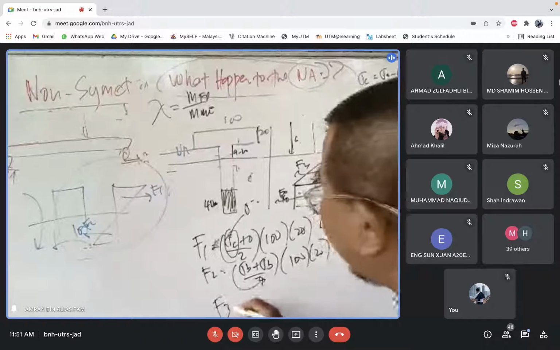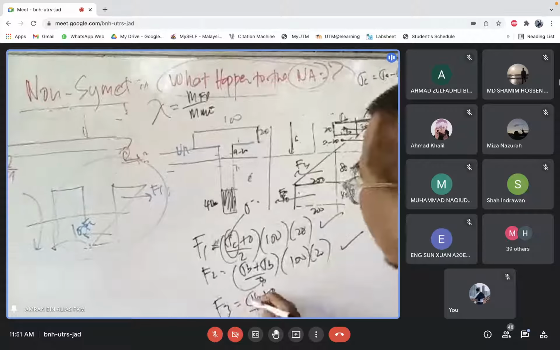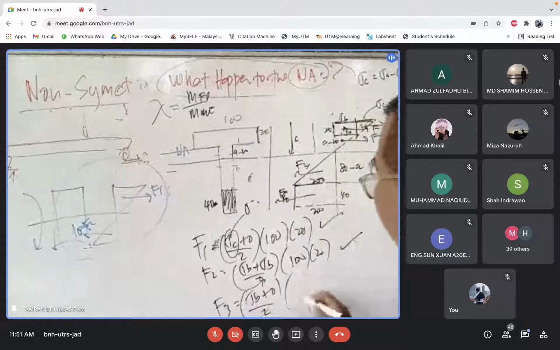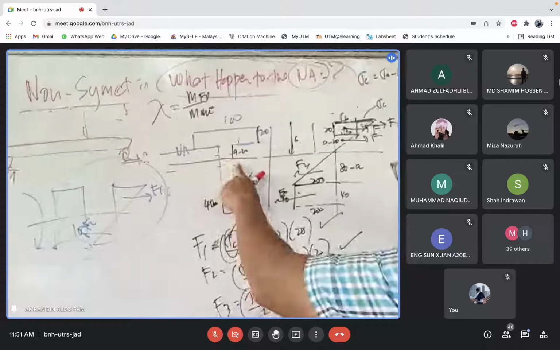What is F3 then? Sigma B plus 0 over 2. Remember that your sigma B is in terms of 200 and A, right? And your area now is 20 times A minus 20.